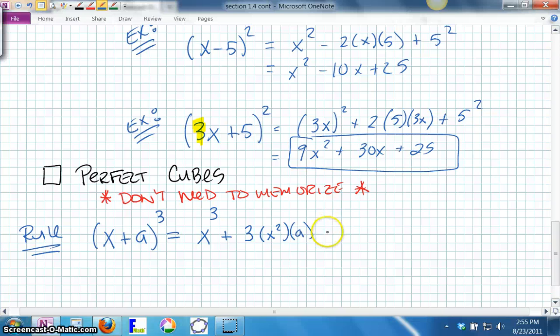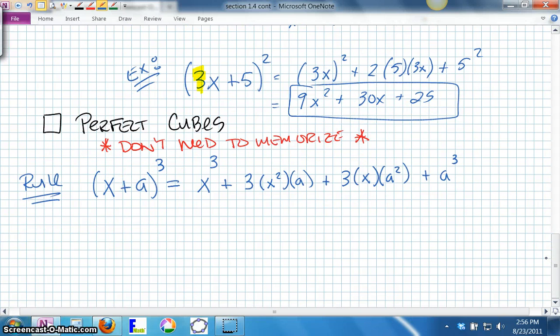Add to that 3 times the first thing times the second thing squared. So just reverse the exponents. And lastly, take the last thing and cube it. Now that looks really mean and scary and nasty, but it's not that bad actually.